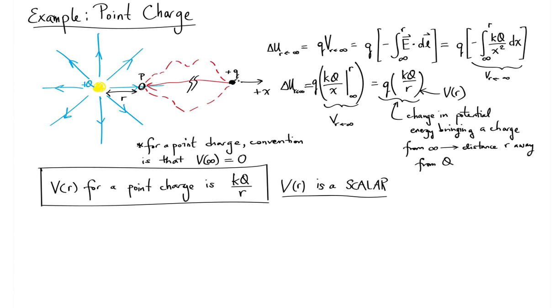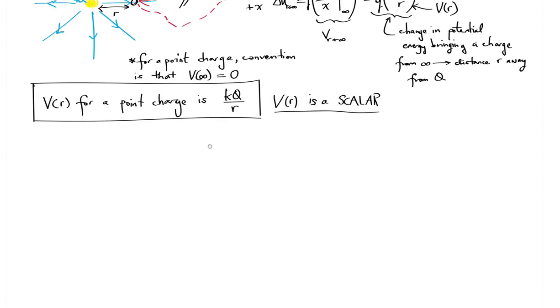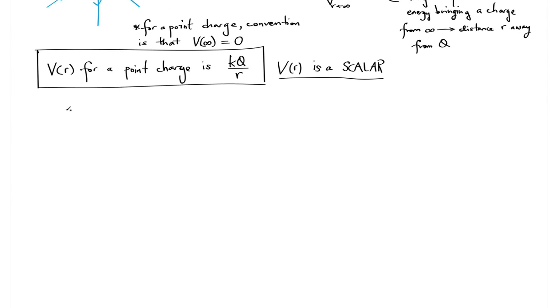And so you can think of it this way, right? This positive test charge, the field is wanting to push it away, right? So if you want to bring it in close to the point charge, you basically have to push against the field, right? You have to kind of swim upstream, if you will. And I'm going to make a little graph here just to illustrate that.